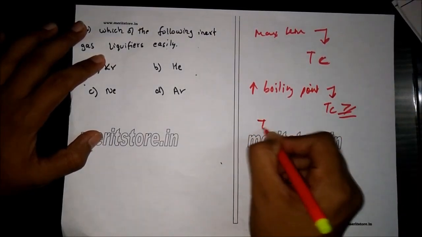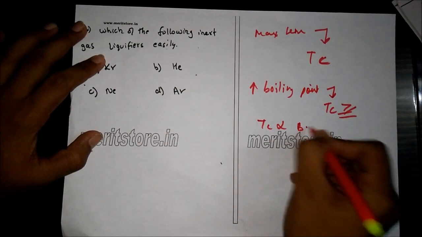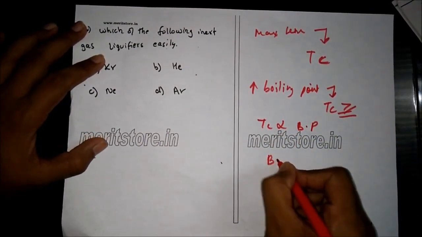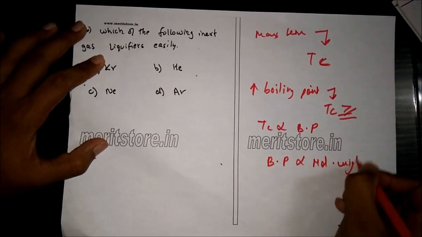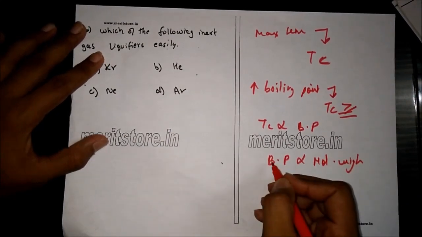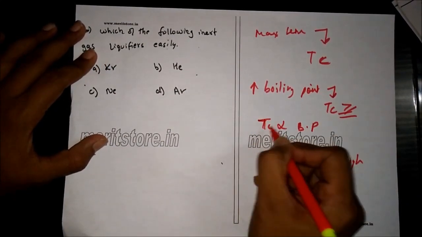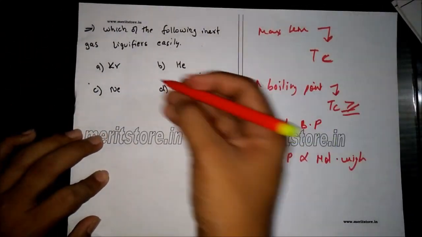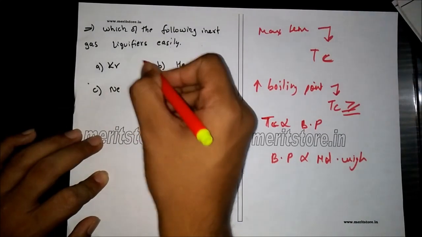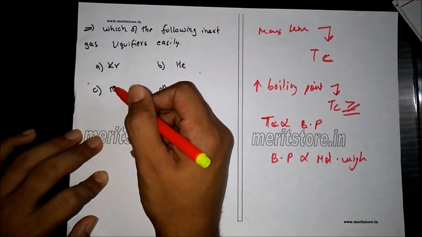Therefore, Tc is directly proportional to the boiling point. Boiling point is directly proportional to the molecular weight. So, the gas which has the highest molecular weight will have the highest boiling point and therefore the highest critical temperature, and hence it liquefies easily. Out of the four, Kr has the highest molecular weight. Therefore, the correct answer is option A.